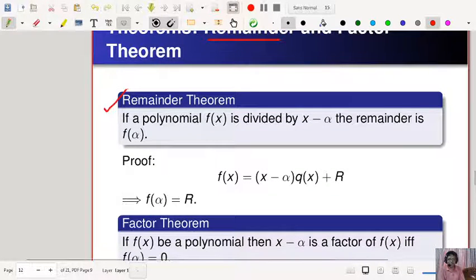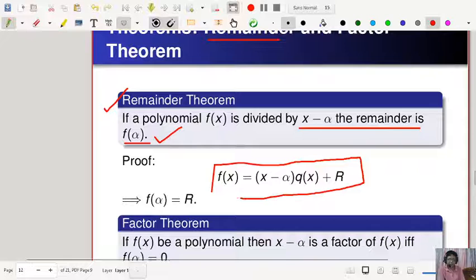What is the remainder theorem? If a polynomial f(x) is divided by x minus alpha, the remainder is f(alpha). So by the division algorithm, can we write this expression if r is the remainder?